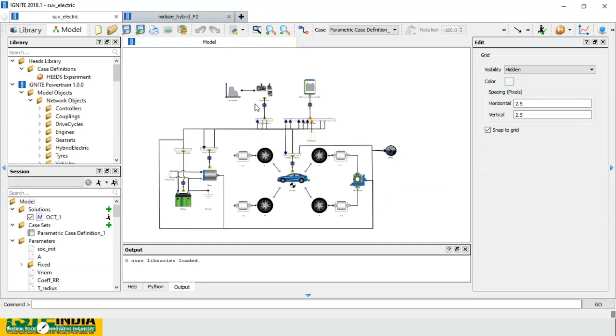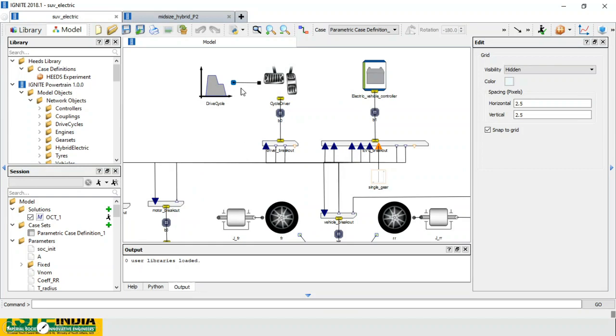So in this setup we have some drive cycles where we can make the vehicle run on certain road conditions, depending upon the vehicle speed and the timings according to the path. So one can have a mountain kind of path, or a highway, or a path with more stops, or more turns. Those kinds of graphs are necessary.